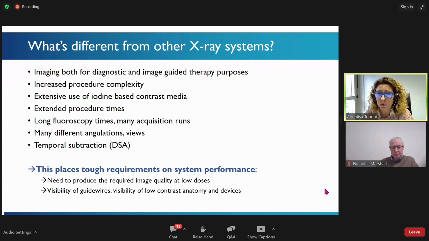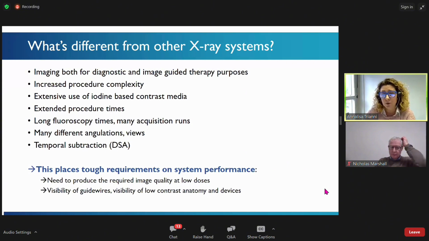So all these differences place a tough requirement on system performance, because these systems need to produce the required image quality at low doses, with visibility of low contrast anatomy and devices.